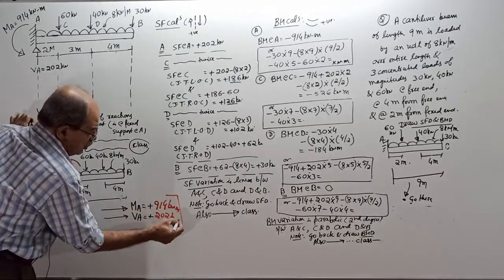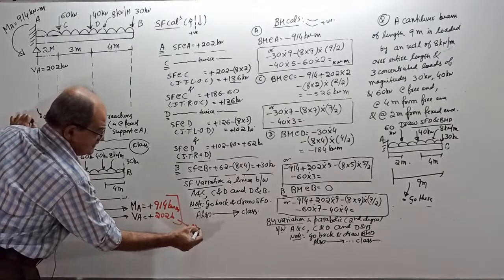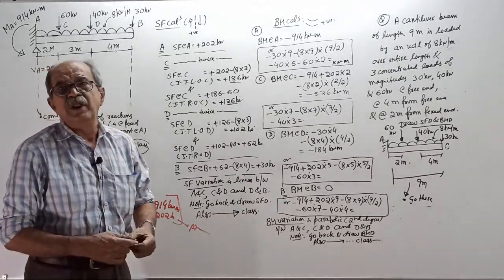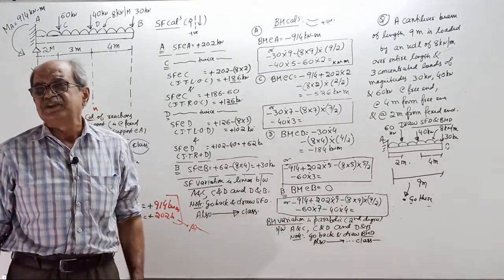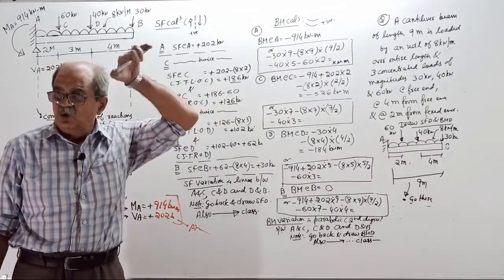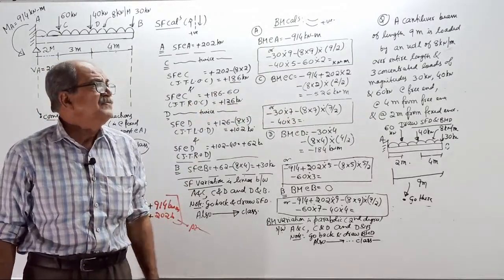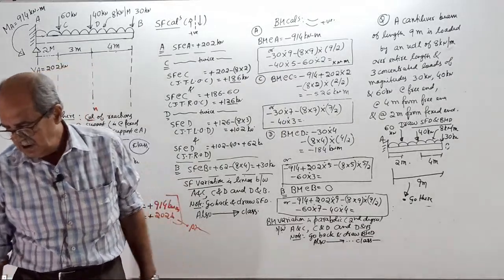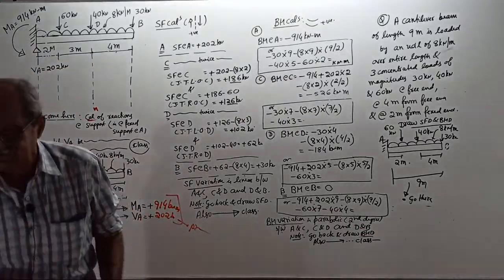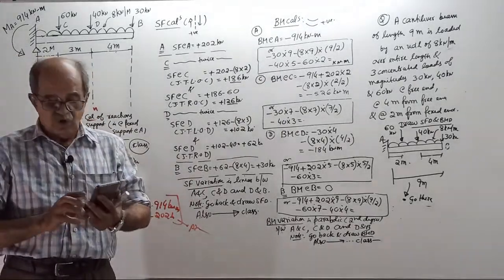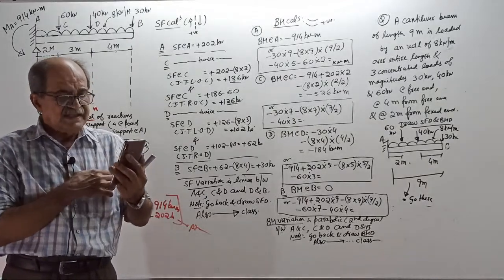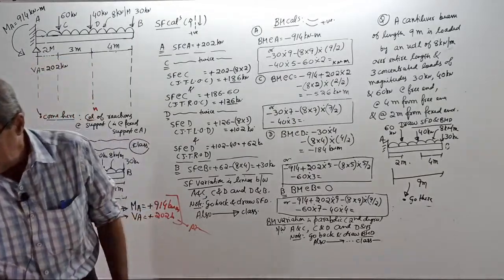You have to get this by referring to the previous class. Suppose somebody is new today and has not gone through the previous class, then go there and come back. Okay. Got the reactions? Reactions correct? Okay, done.